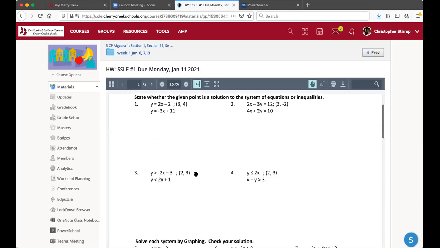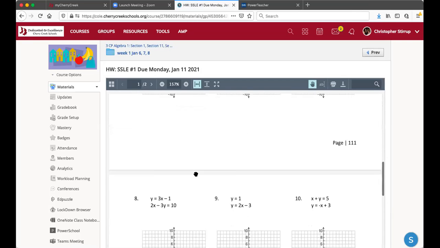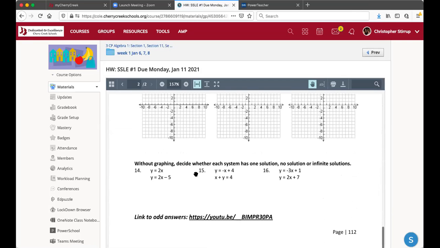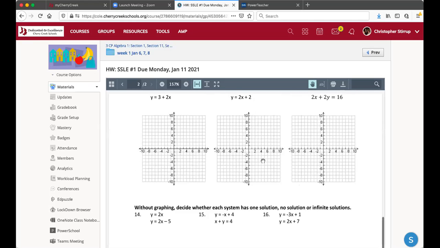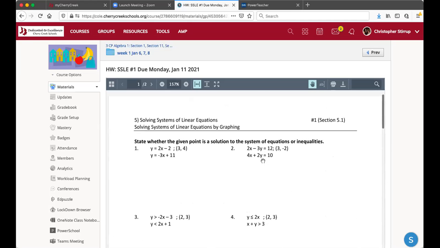So you go through and it's going to be all the problems. And my hopes are that at the very bottom, this YouTube link will take you to all of the odd problems worked out. And you can do that. So tonight's homework will be all of the problems here. I wouldn't suggest starting it right yet because I haven't taught the lesson yet.